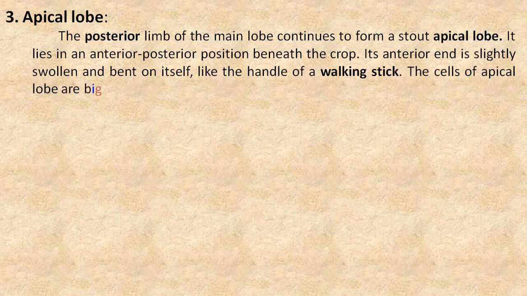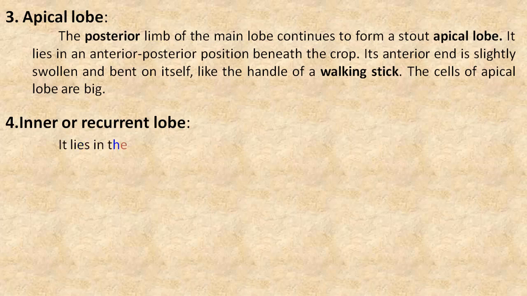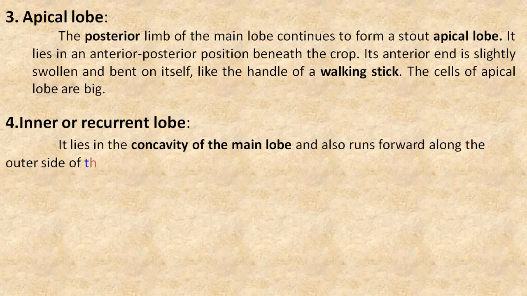The cells of apical lobe are big. Fourth is inner or recurrent lobe. It lies in the concavity of the main lobe and also runs forward along the outer side of the apical lobe for about half of its length.